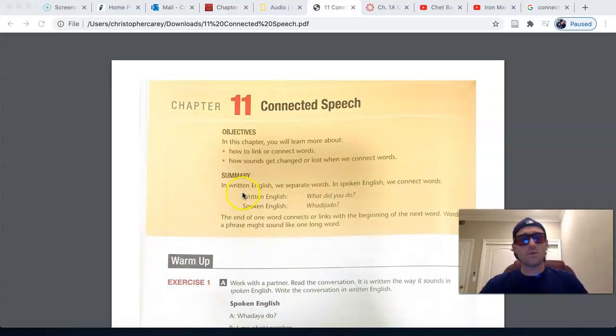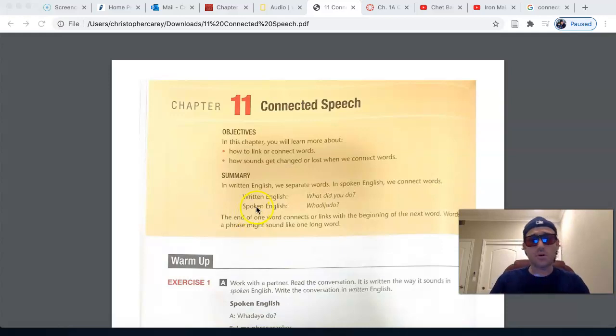So the main summary for this chapter is that in written English, we separate words, different parts of speech. However, in spoken English, to get this rhythm that we've been looking at for the past couple classes, we connect and link words.